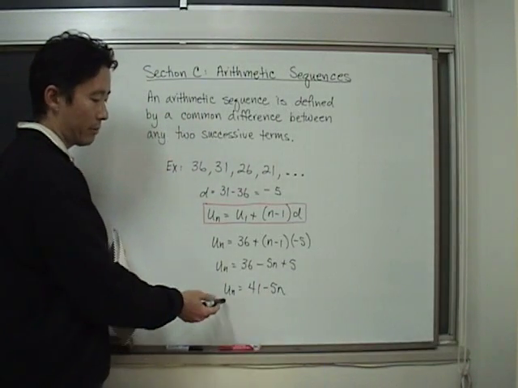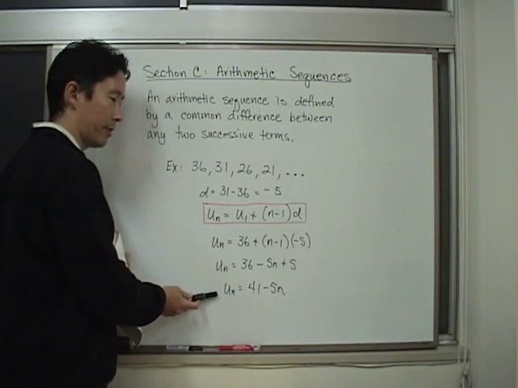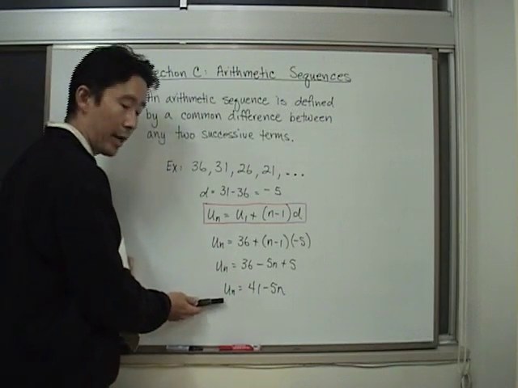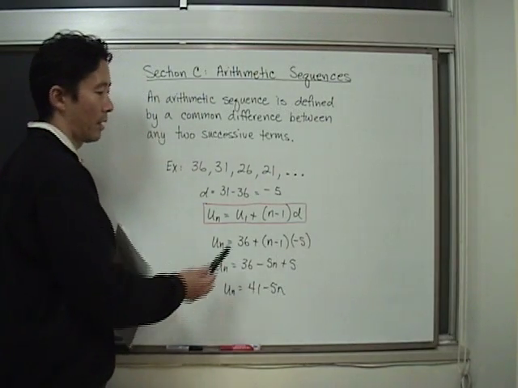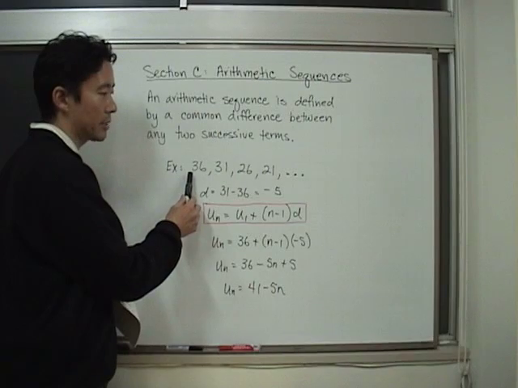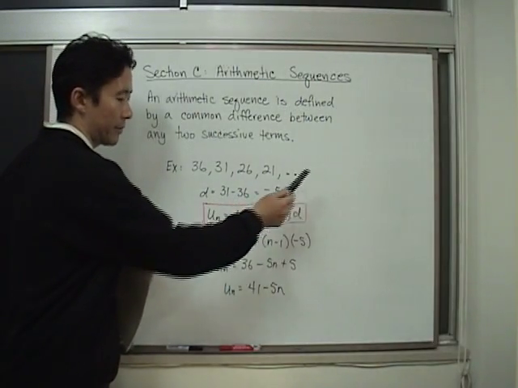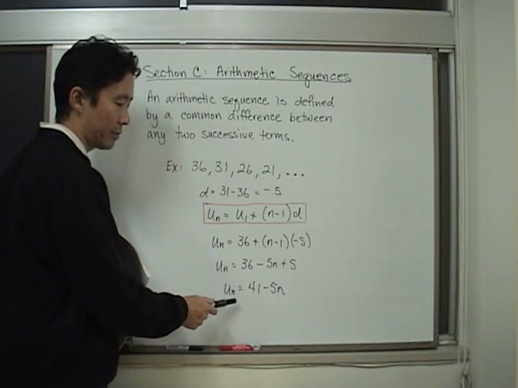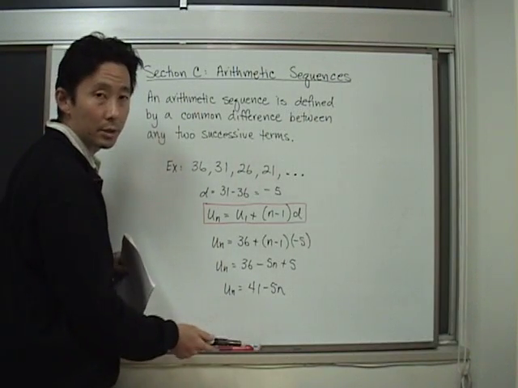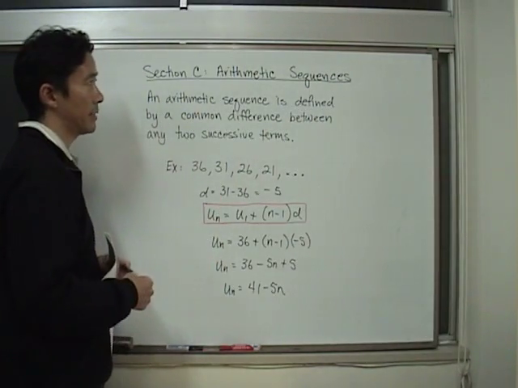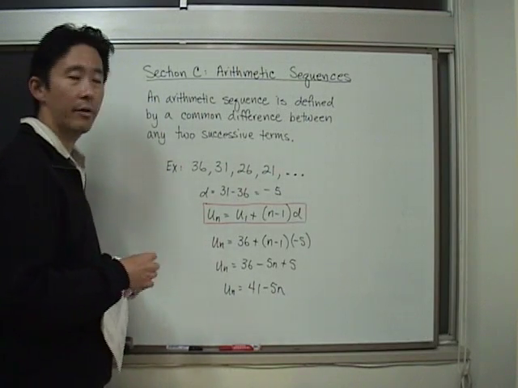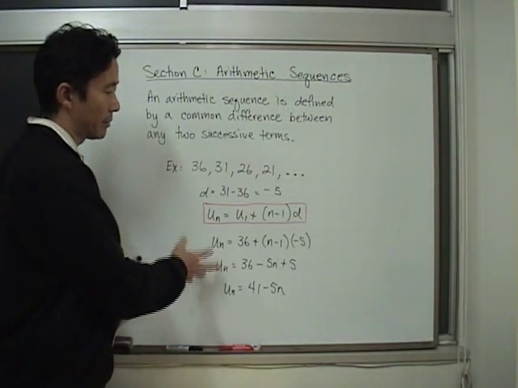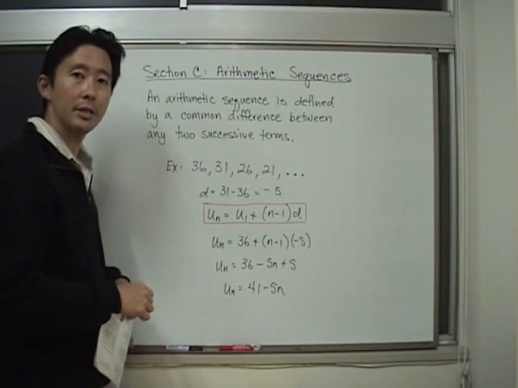Okay. And if you remember from section B, I actually used this formula. So if we use that formula, we can go ahead and generate all of these values. And in addition to that, of course, we can generate any particular term value that we want. And that's basically what it is to have an arithmetic sequence and to come out with the formula for the sequence itself.